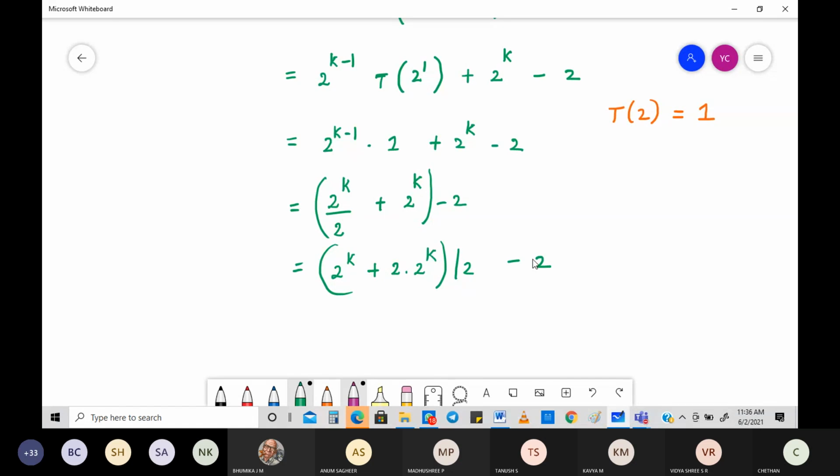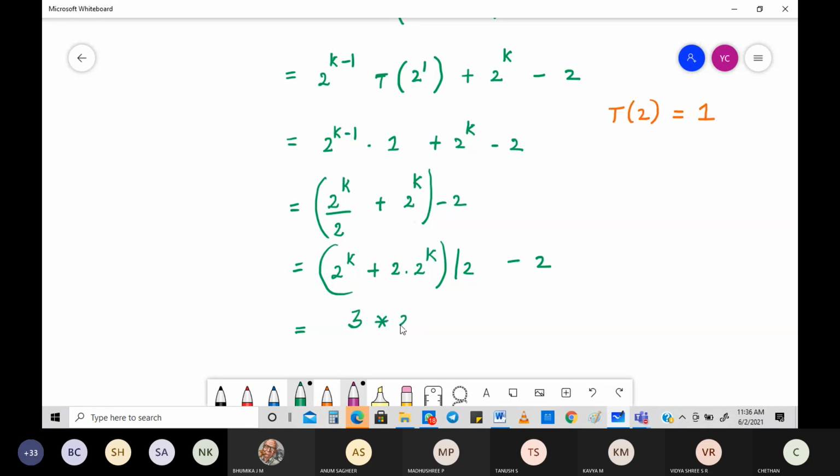What is the other way of writing this? This is 2 to the power of k and this is 2 into 2 to the power of k, so I can write this as 3 into 2 to the power of k divided by 2 minus 2.